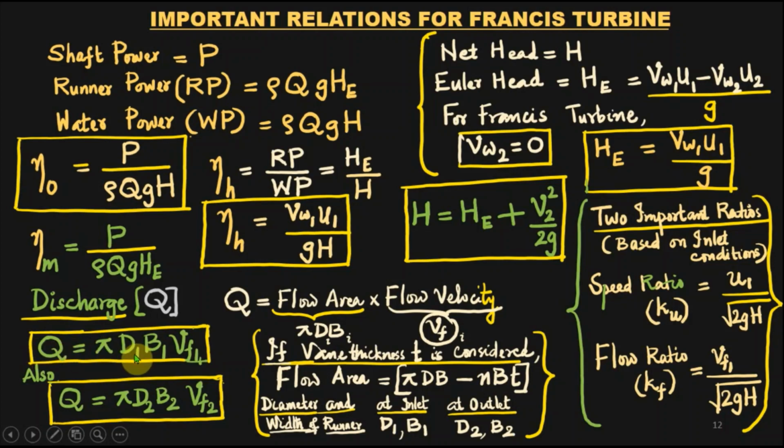Similarly, the flow rate or the discharge handled by the turbine can also be obtained from the outlet conditions. So that is, diameter at the outlet is d2, the width of the runner at outlet is B2, then Vf2 is the radial component of velocity at outlet.